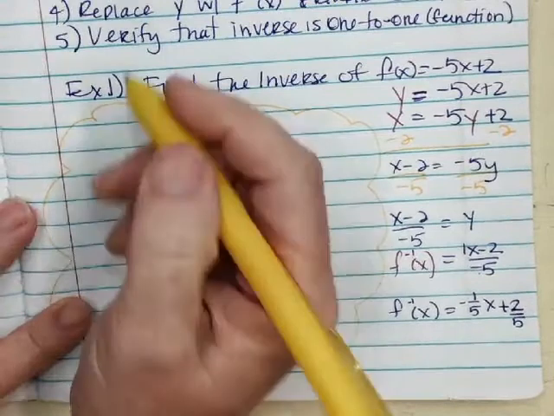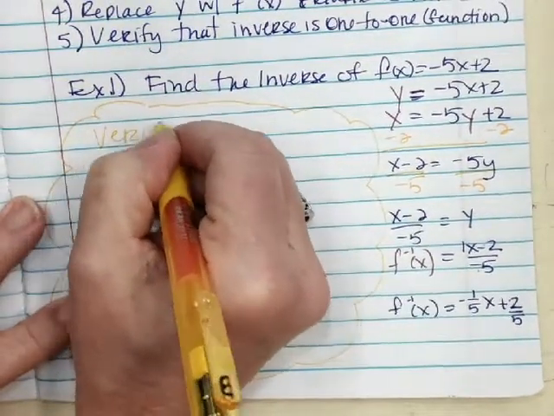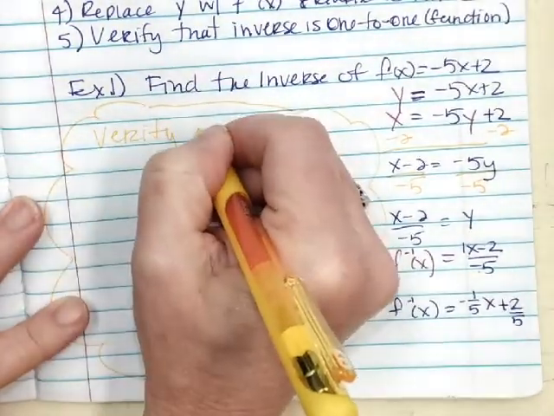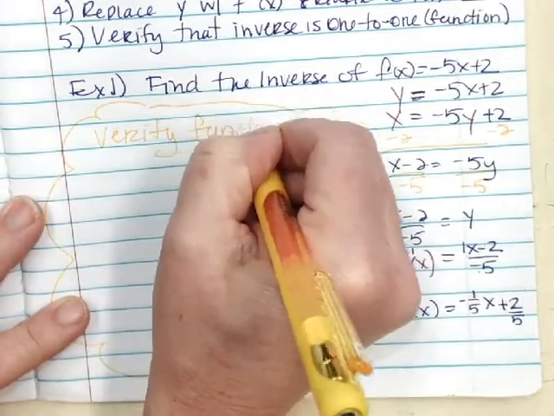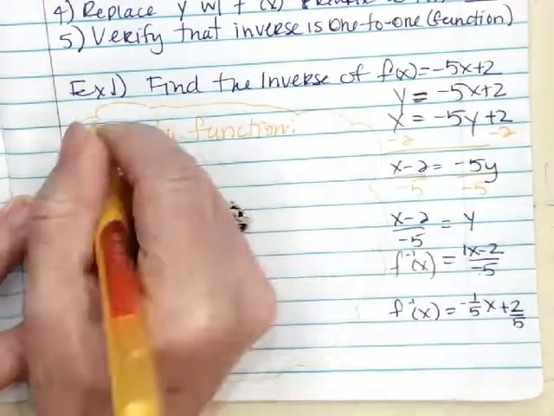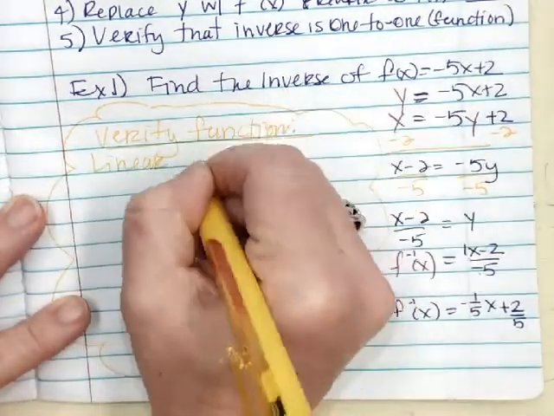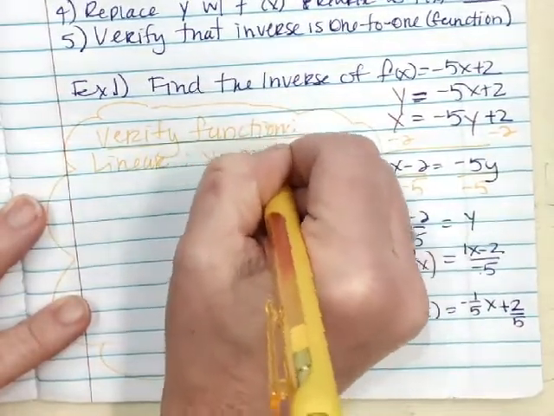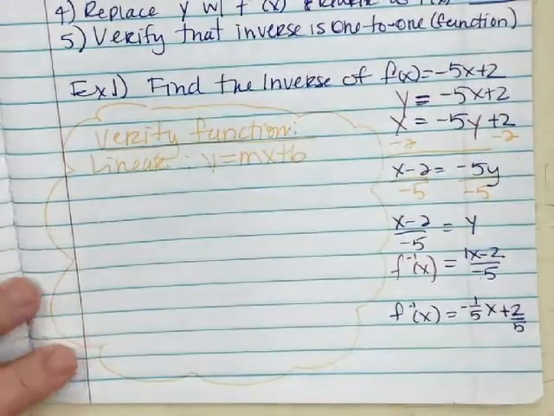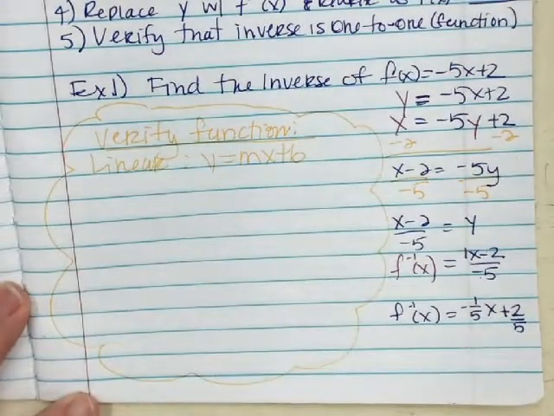So here's how you do that. It's really simple. Verify that you have a function. First of all, if it's linear, that would be anything that looks like y equals mx plus b. If it's linear, it's a function.